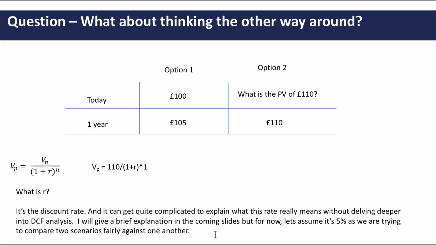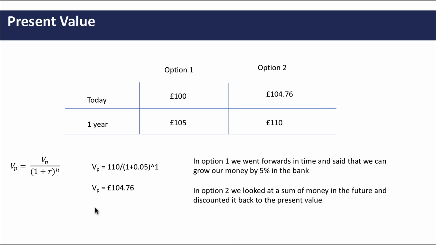Without delving deeper into discounted cash flow analysis, I'll give a brief explanation in the coming slides. But for now, let's assume it's 5%, simply because we're trying to compare two different scenarios fairly against each other. So let's do this. We can see that in scenario 2, our sum of £110 in a year's time has a present value of £104.76.